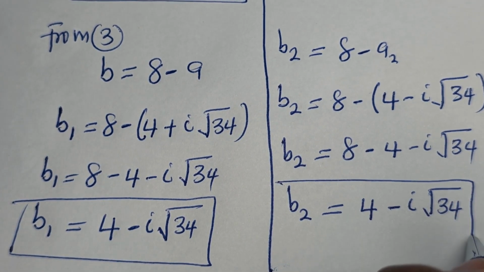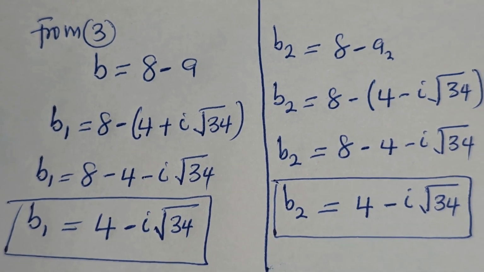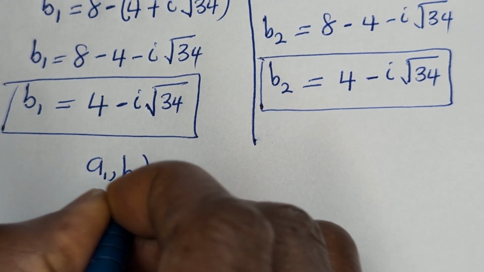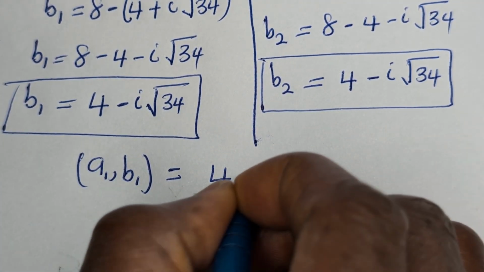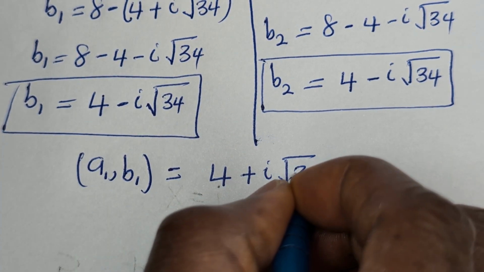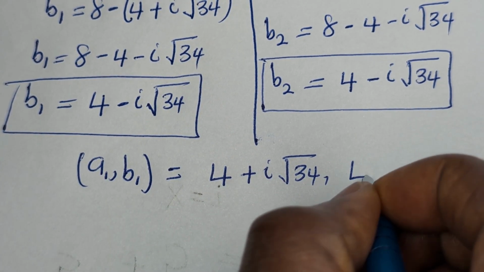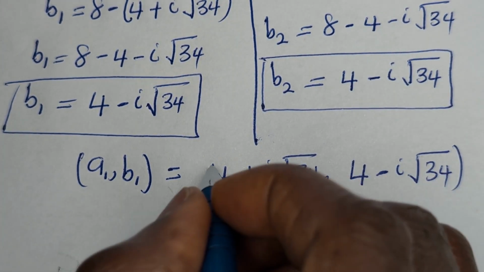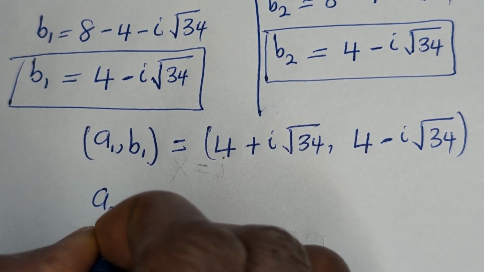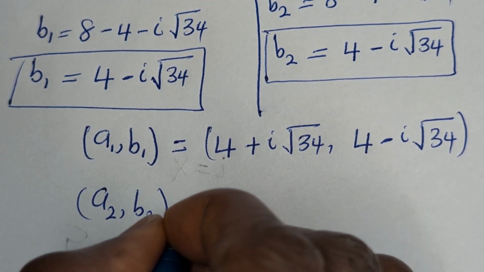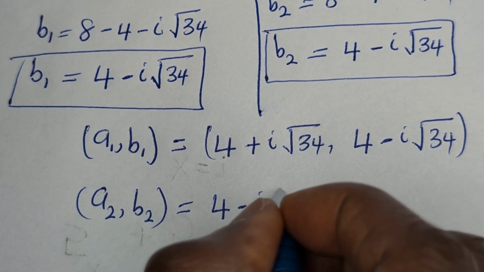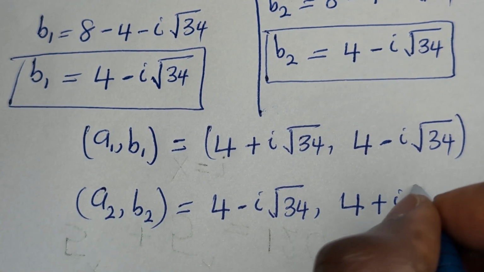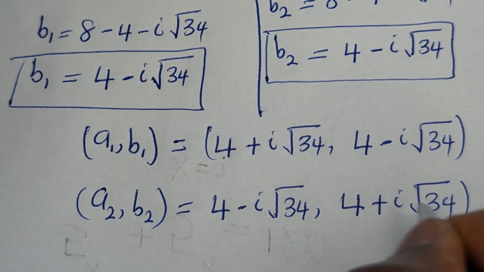Therefore, our final answer are a1, b1 is equal to 4 plus i square root of 34, 4 minus i square root of 34. a2, b2, this is equal to 4 minus i square root of 34, 4 plus i square root of 34.